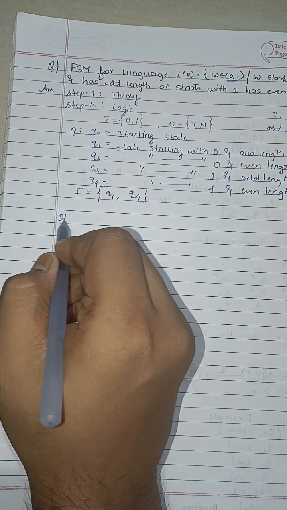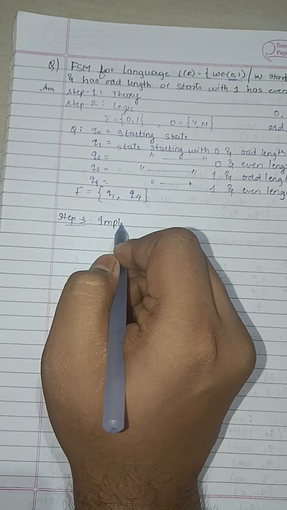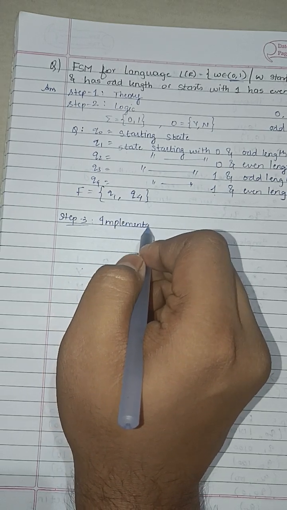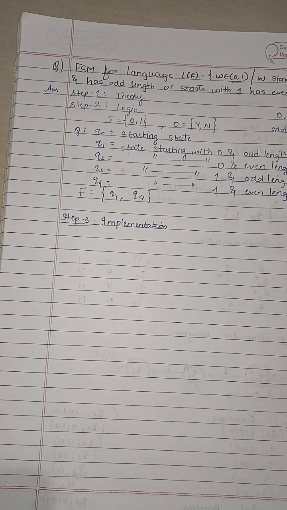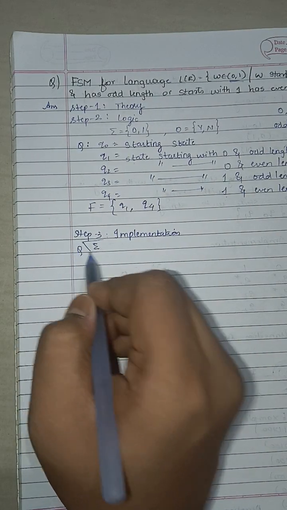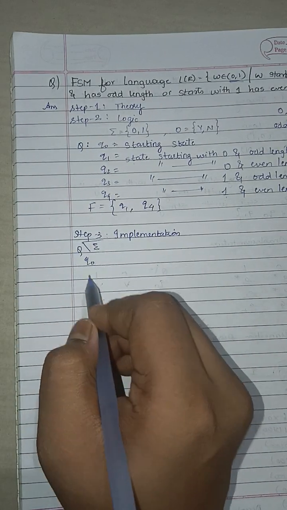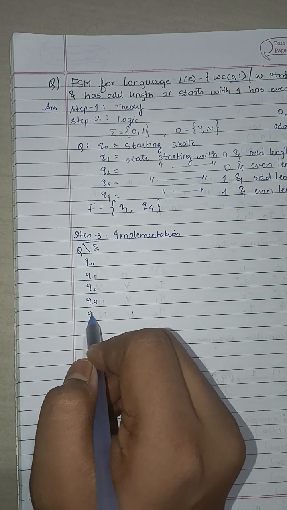Now step 3, implementation. I told you we have to create the state function table and machine function table. So I am making the state function table: Q0 starting state, Q1, Q2, Q3, Q4.